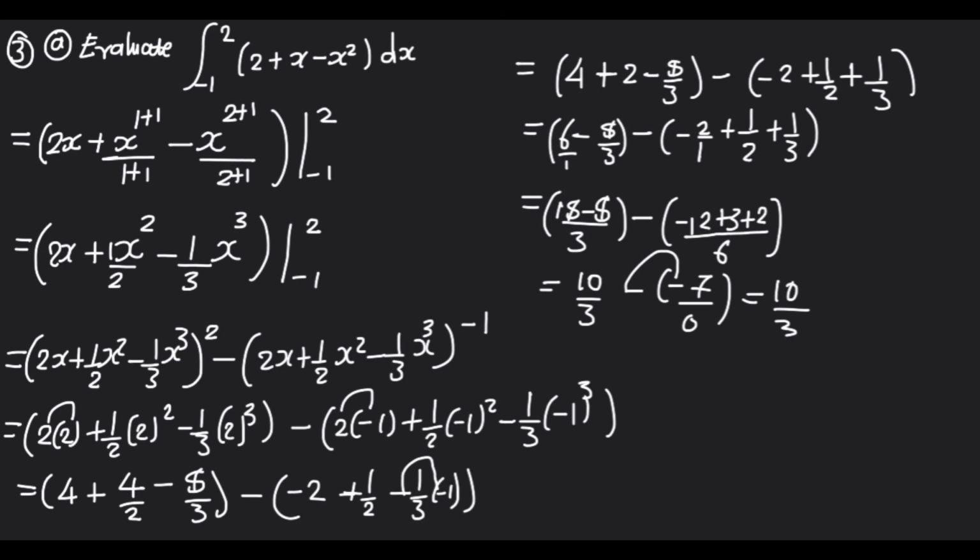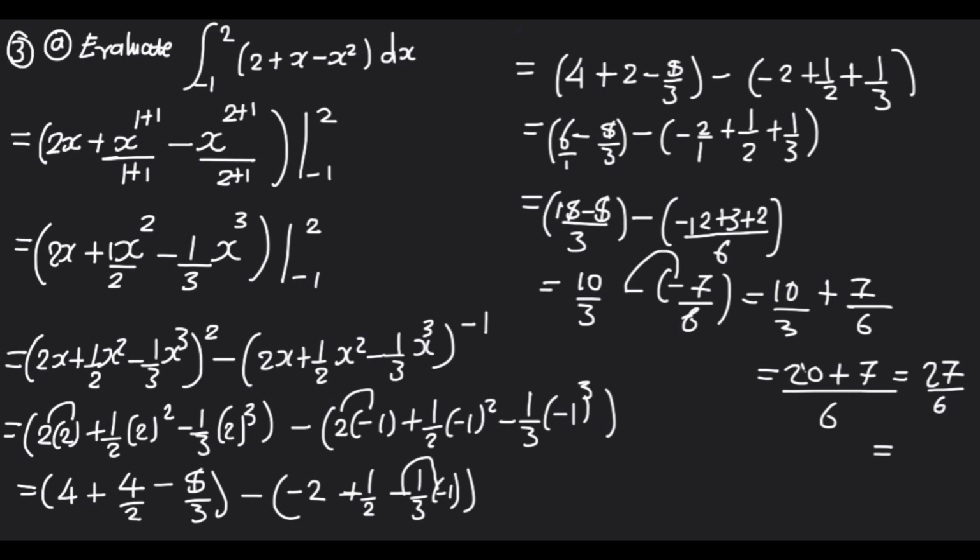This negative will multiply with this negative, giving us positive 7 over 6. Then the lowest common denominator here is 6. 3 into 6 is 2 times 10, that is 20, plus 6 into 6 is 1 times 7, that is 7. So 20 plus 7, here we have 27 over 6.